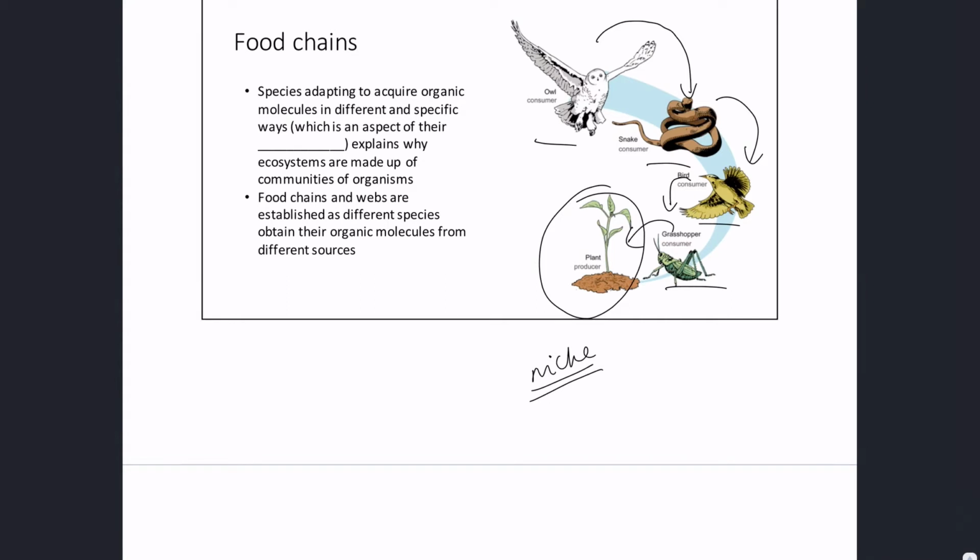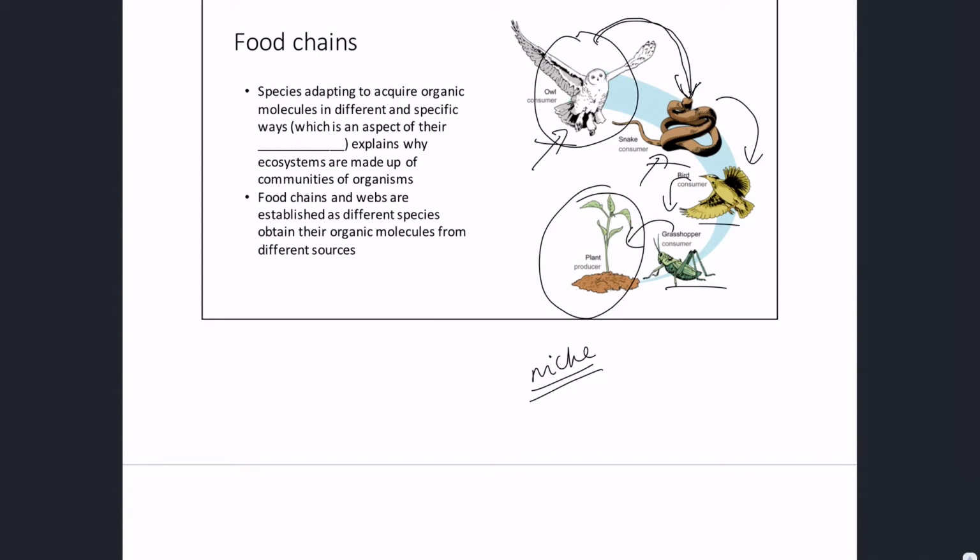So at some point, there might have been lots of energy accumulating in all the snakes. However, with the evolution of certain adaptations, this species was able to take advantage of all the energy that was building up in the population of snakes. So the owls now had access to all that energy. So the owls evolved to occupy the niche, which allowed them to get energy from the snakes.